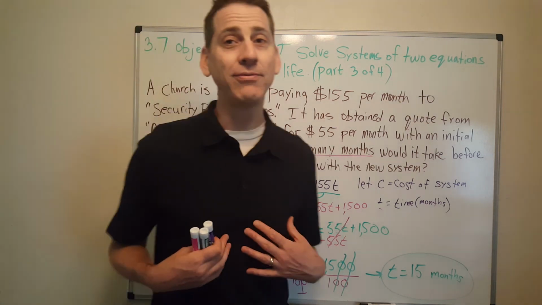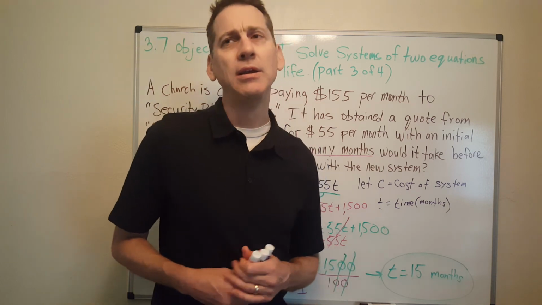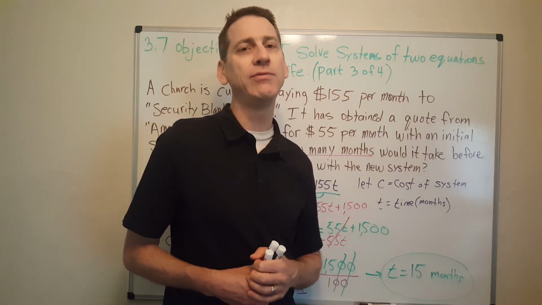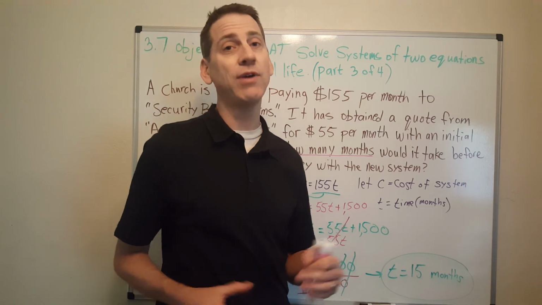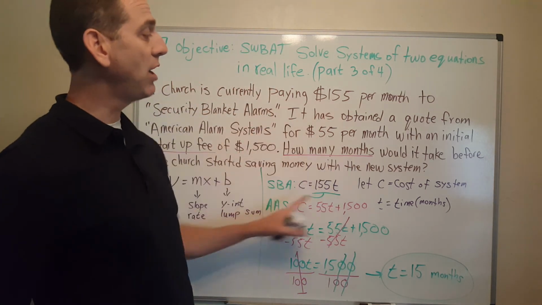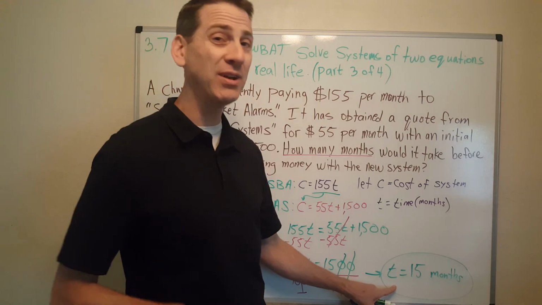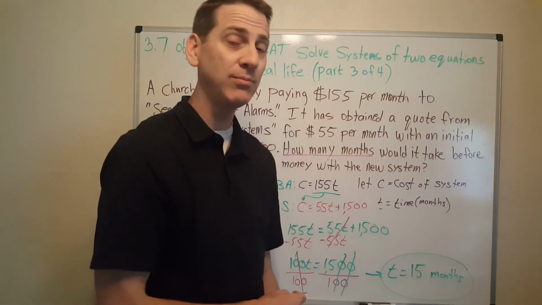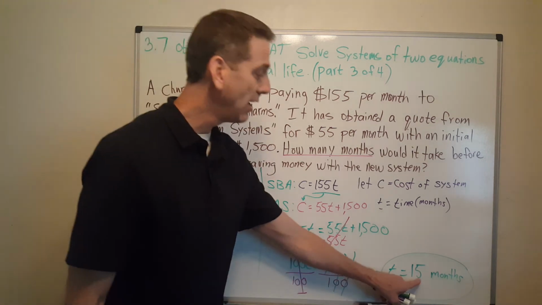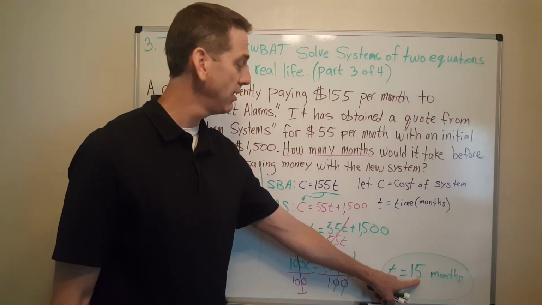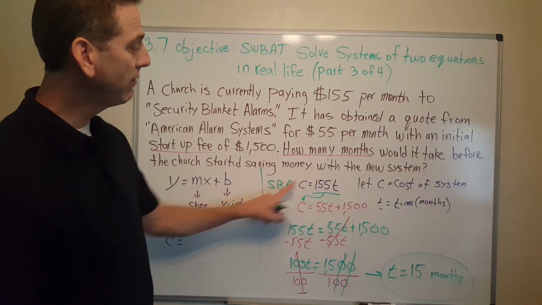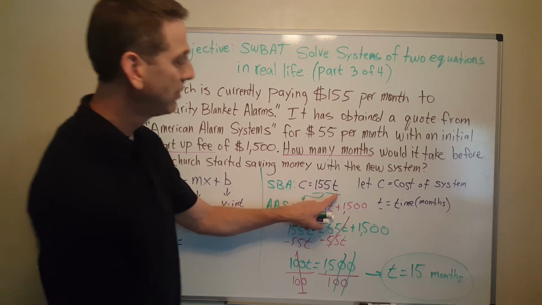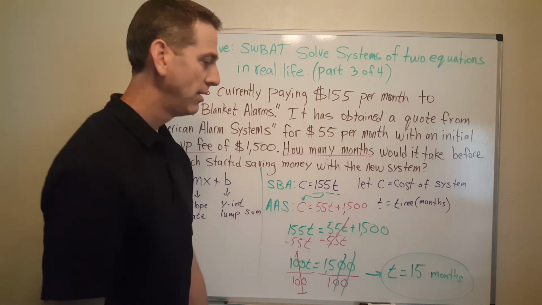And you know, let's say they asked this question, hey, how much money would we spend after the 15 months? We could find that too. It's not in this problem, but if we wanted to find out how much money we'd have forked out by the time we started saving money, easy enough. I just substitute 15 into either one of these. This one's easier. So 155 times 15.